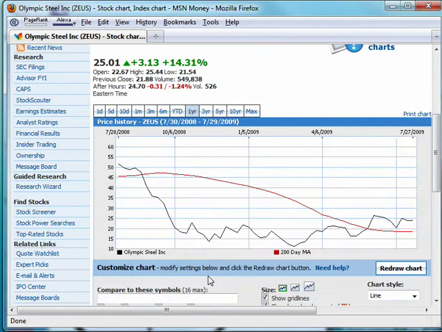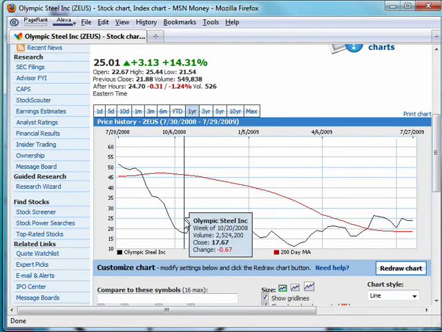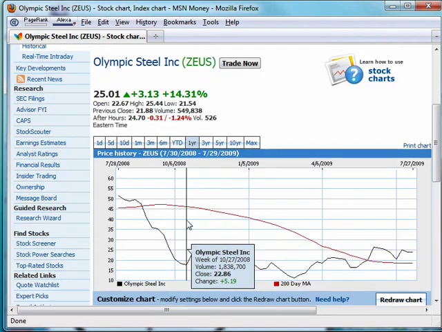What we'll see is that it did indeed close above the 200-day moving average, and it looks like this stock is breaking out of a really long basing pattern. This almost looks like a head and shoulders bottom, or a rounded bottom, and as it breaks above this 25 level, there's some really good upside potential for this particular stock.